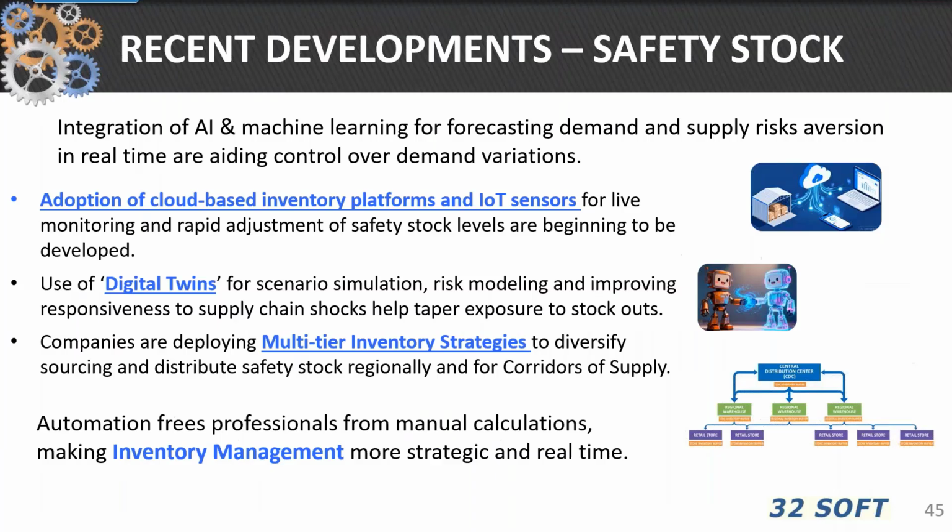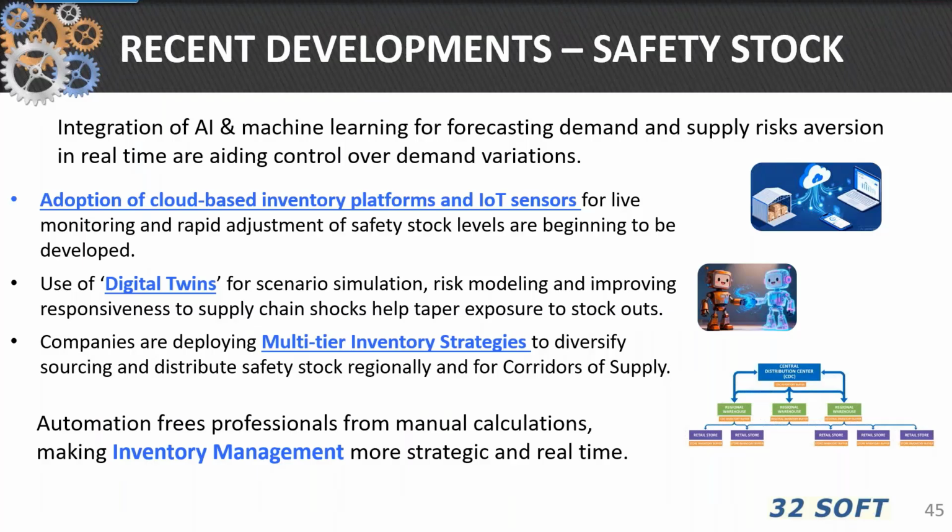With the integration of AI and machine learning for forecasting demand and supply risk aversion, real-time tools are aiding control over demand variations through the adoption of cloud-based inventory platforms and the use of digital twins.